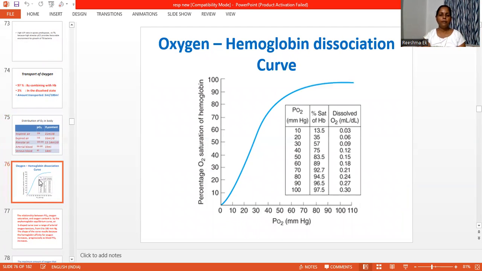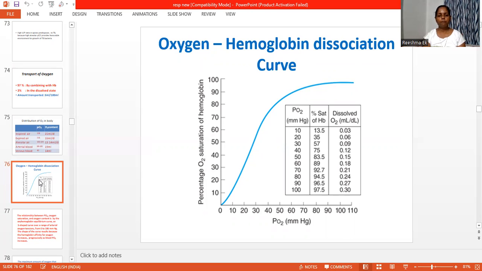So the important way of oxygen transport is in combination with hemoglobin, or the transport of oxygen as oxyhemoglobin. In this type of transport, it is clear that the association of oxygen with hemoglobin, or the relationship between oxygen and hemoglobin, is very important.